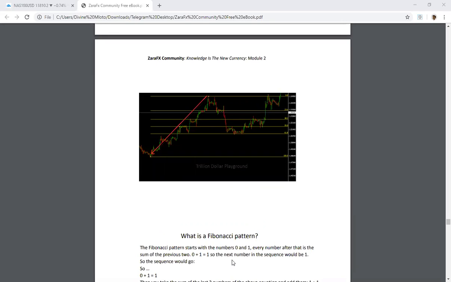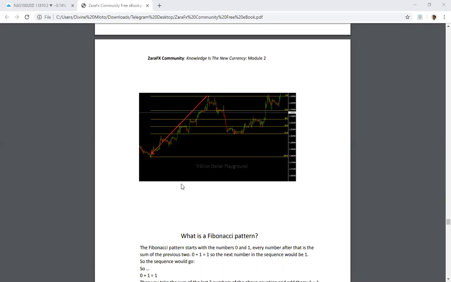Fibonacci is basically percentages to which price would retrace before it continues going in the direction of the trend. So we have higher highs, higher lows. You usually pull it from the bottom up if you are in an uptrend and price is retracing.